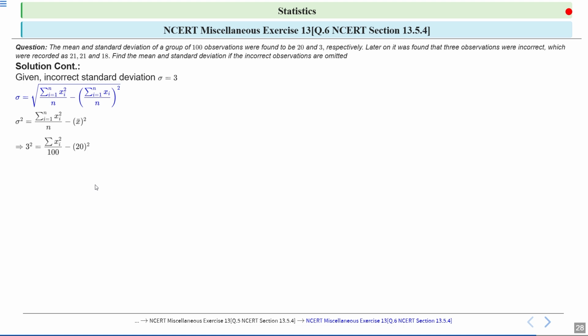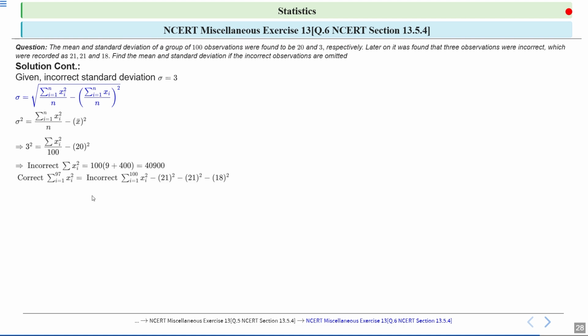We are given sigma is 3 and n is 100. Let's substitute these values into the formula. So we have 3 squared equals the summation of xi squared divided by 100, minus 20 whole squared. So the incorrect sum of xi squared equals 100 times 9 plus 400. This is equal to 40,900.